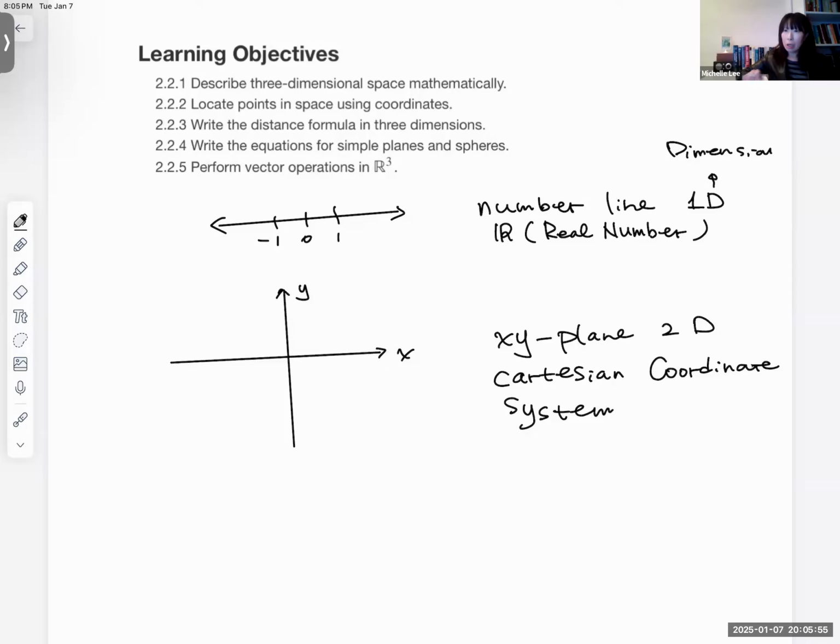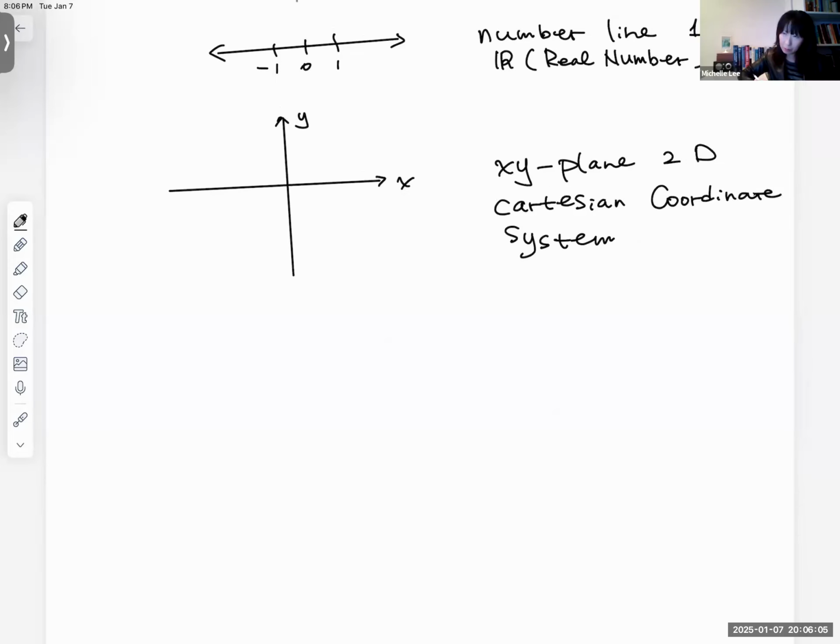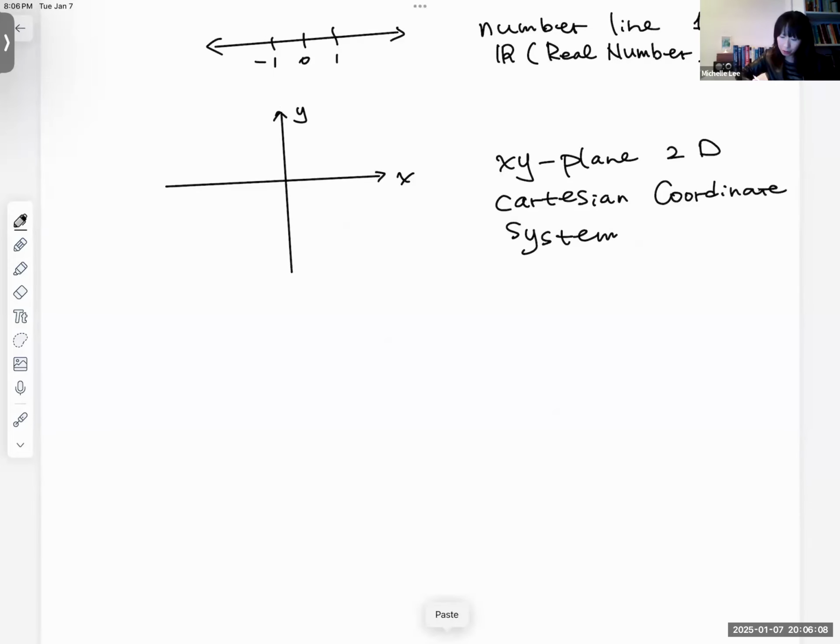Okay, 3 dimensions: X, Y, Z, right? So this is X. I'm not going to draw it perfectly, but I will try my best. So this is X, and this is Y, and this is Z. All right.